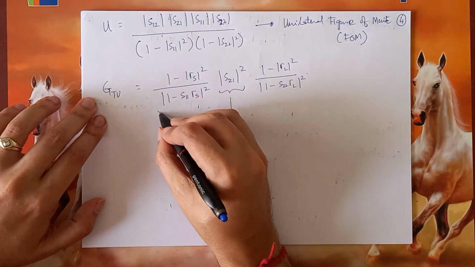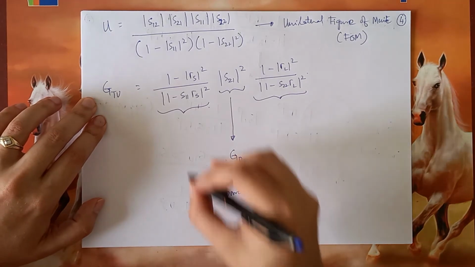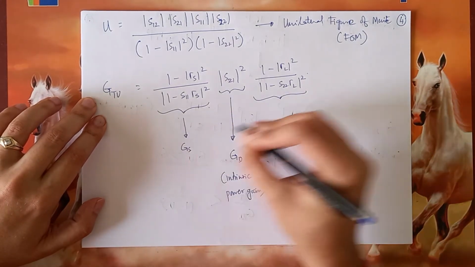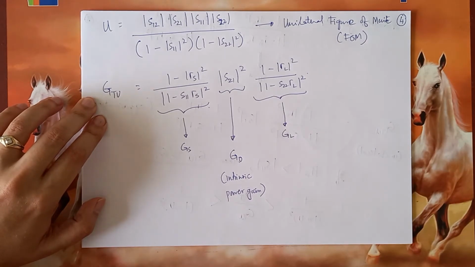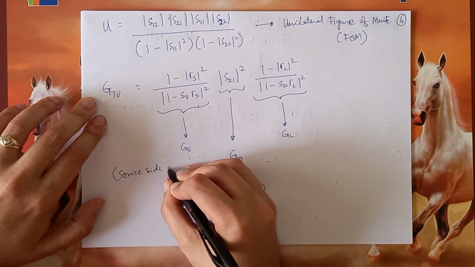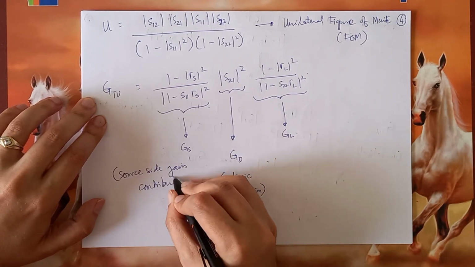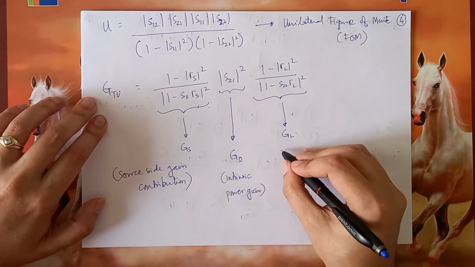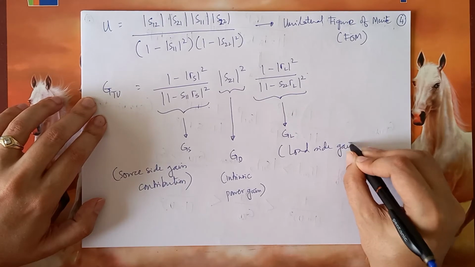So these are also terms we call the gain contribution terms. We call this GS, and this we call GL. This is called the source side gain contribution, and this is called the load side gain contribution.